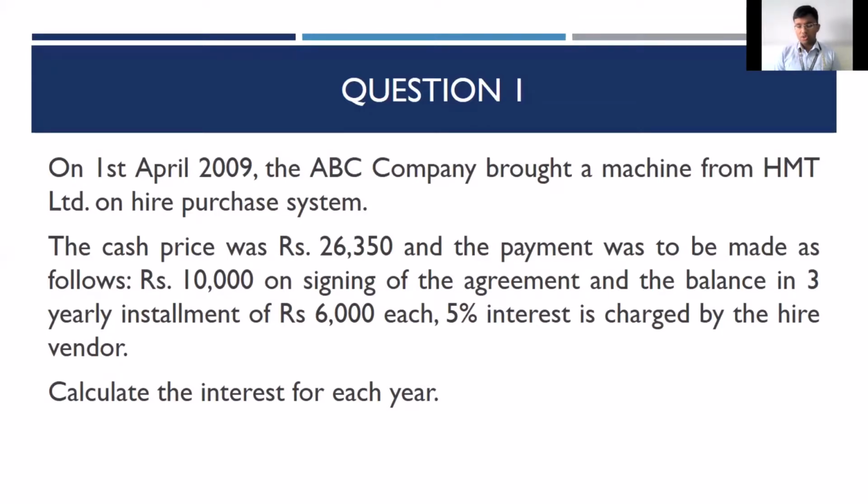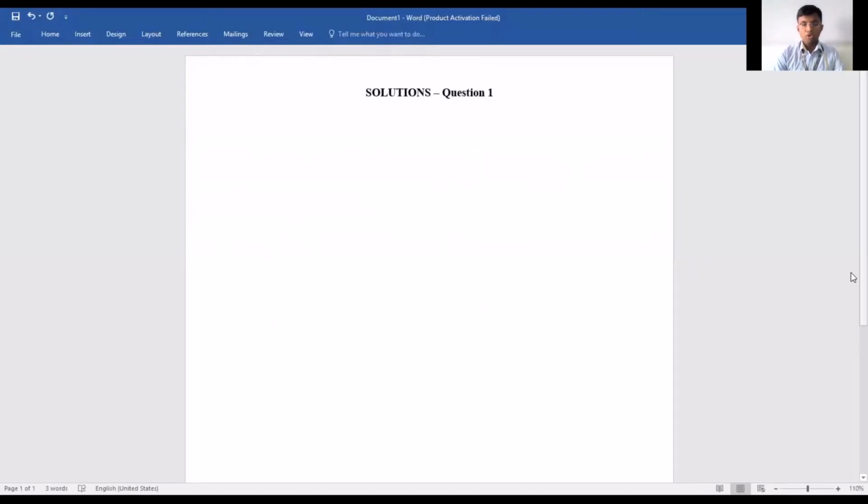Now the question goes on to tell us, calculate the interest for each year. Let's go about with the computation of interest for each year. Let's at first write down what all pieces of information that we know. So we know that the cash price of the machine in this case is rupees 26,350.